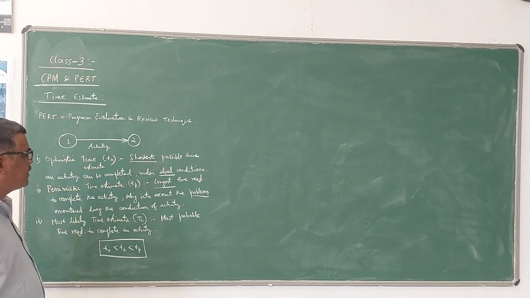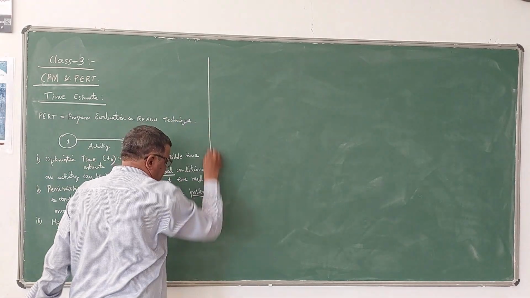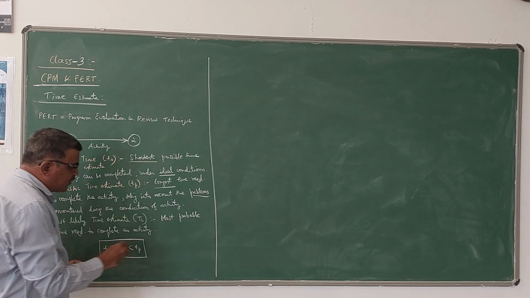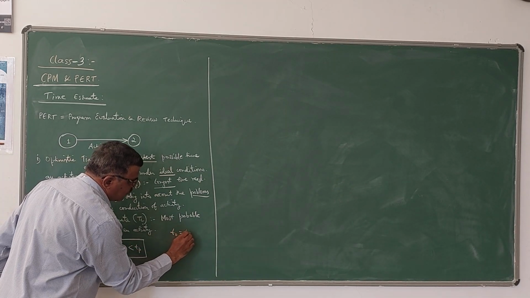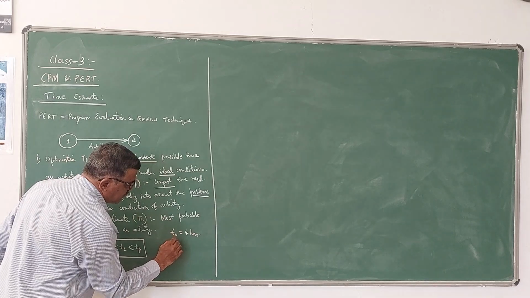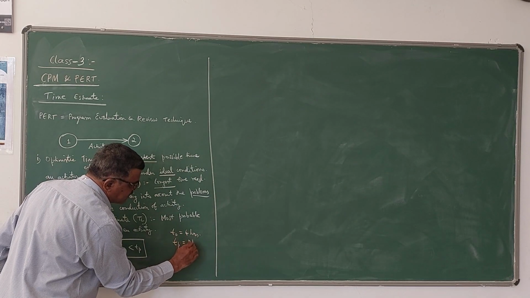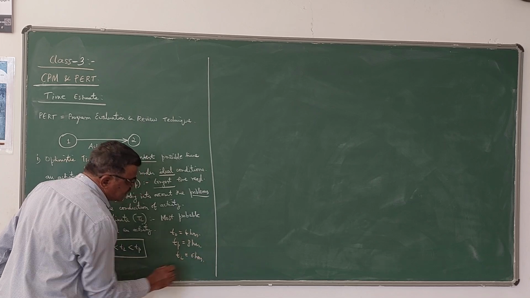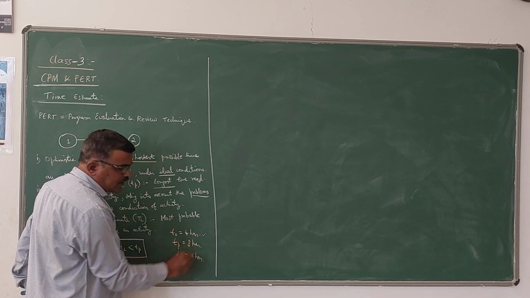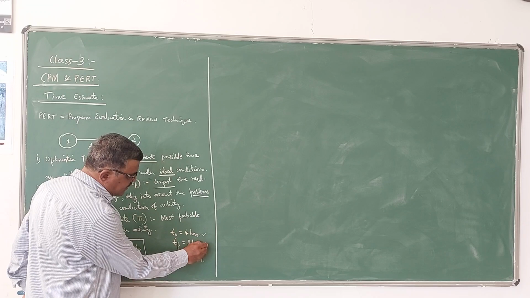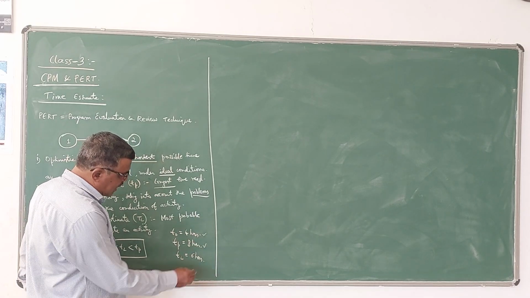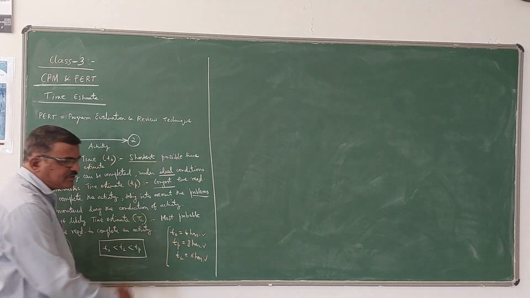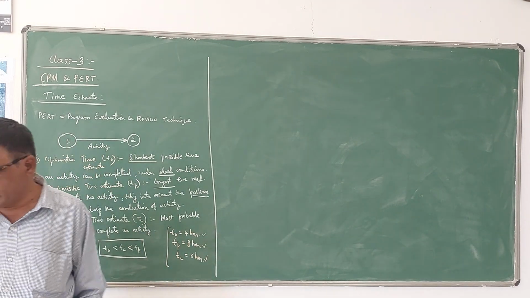Suppose you take optimistic time as 4 hours and pessimistic time as 8 hours, your TL may be 6 hours. The optimistic is without considering any problem under ideal condition. The pessimistic is considering anticipated problems, and TL is the probability. So TL lies in between TO and TP.